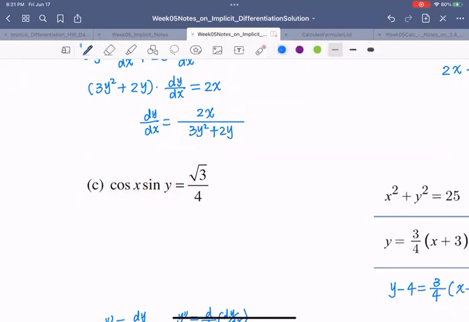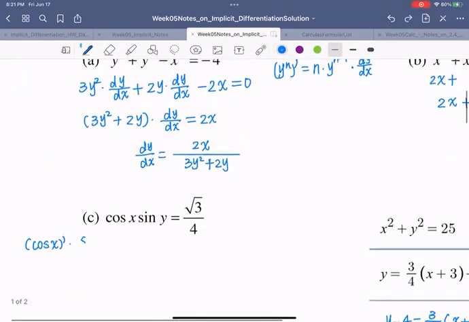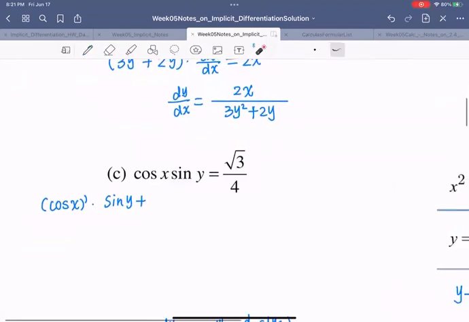So first copy down this guy's derivative times who? Times sine y. Very good. Plus who? Plus derivative of sine times cosine x. Very good. Equals?